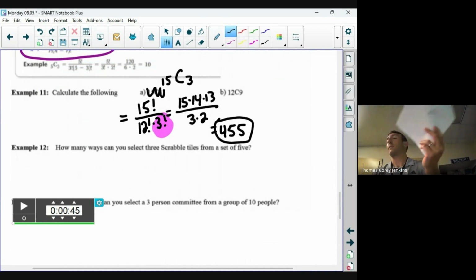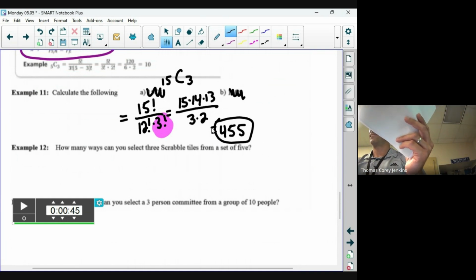All right, so a little more complicated without the graphing calculator here. You try 12C9. See what you can come up with.